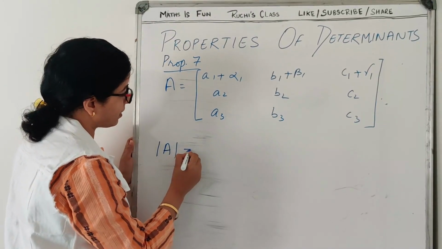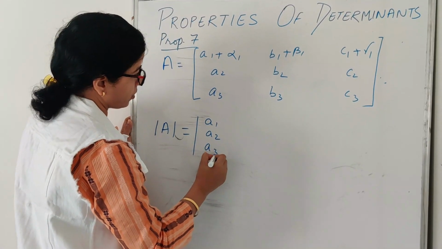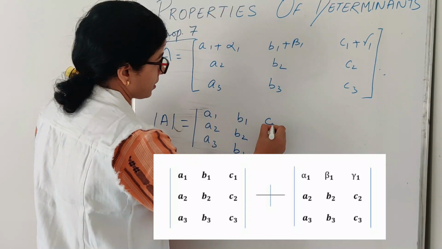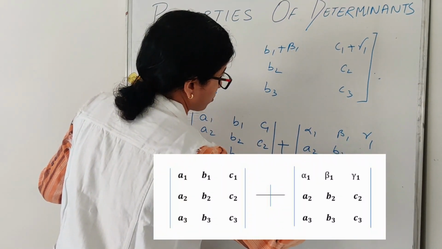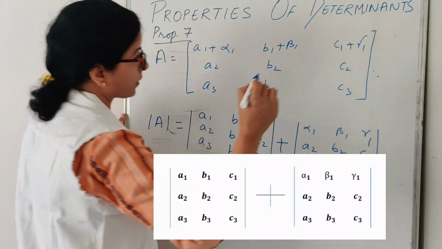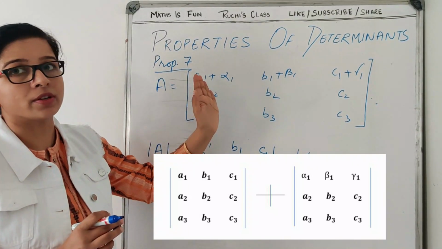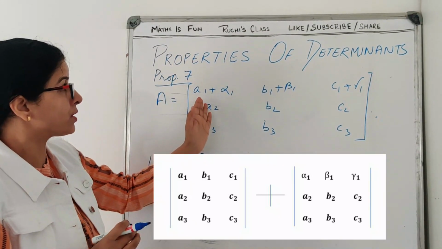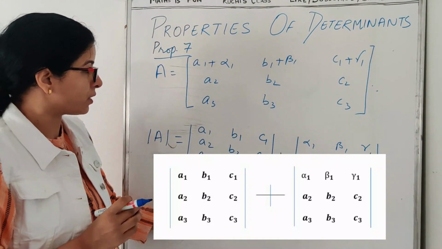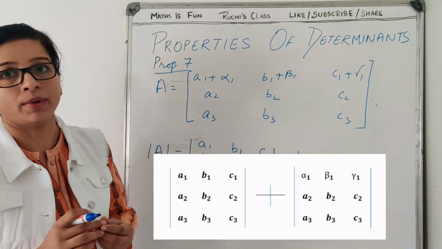A can be written as the sum of two determinants, with rows a1, b1, c1; a2, a3, b2, b3, c2, c3 and the alpha, beta, gamma row. So whenever any row of a matrix is a combination of elements, all the elements should be a combination of something, then only we can split into two determinants and find their values, and we'll get the determinant of A matrix.